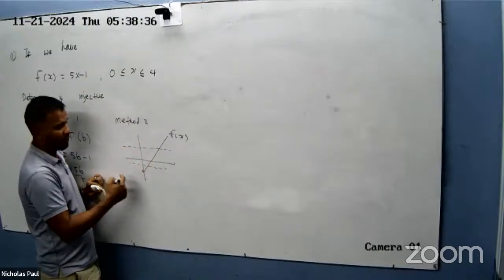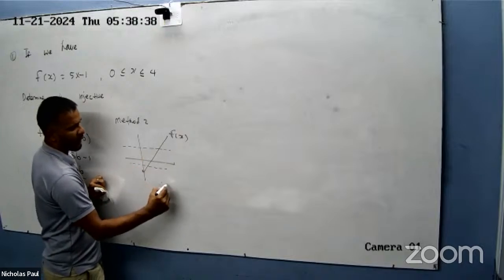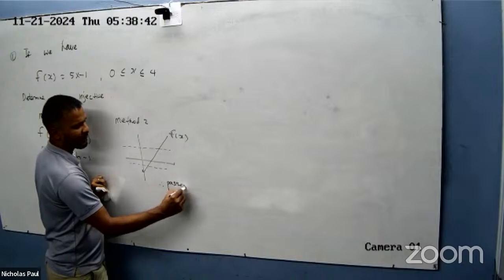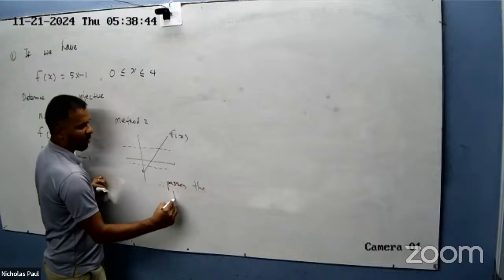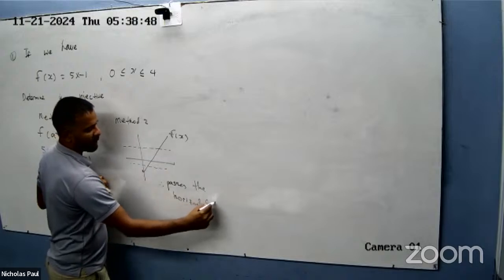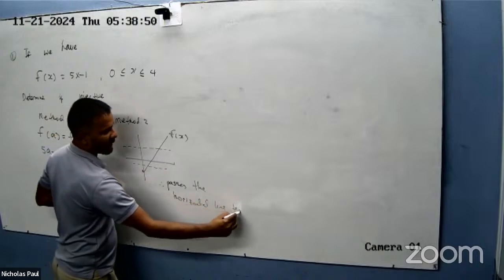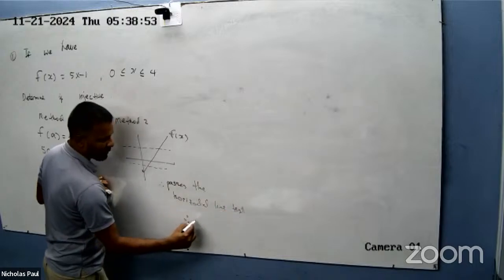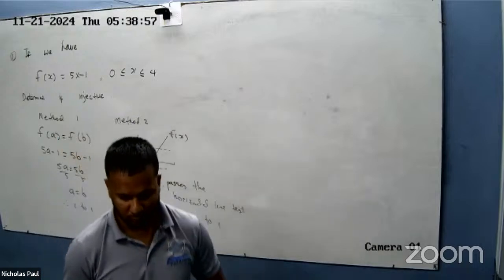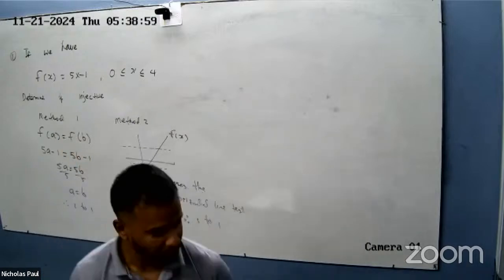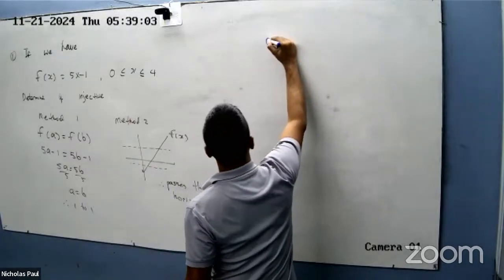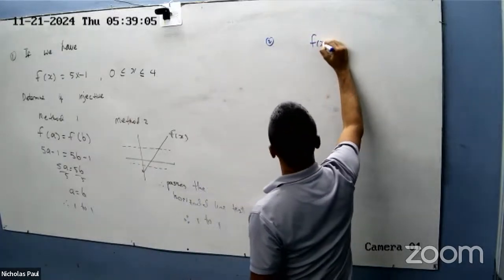No. So therefore, it passes the horizontal line test. Therefore, it is injective or one-to-one. All right, copy it down. Let's try the next function.